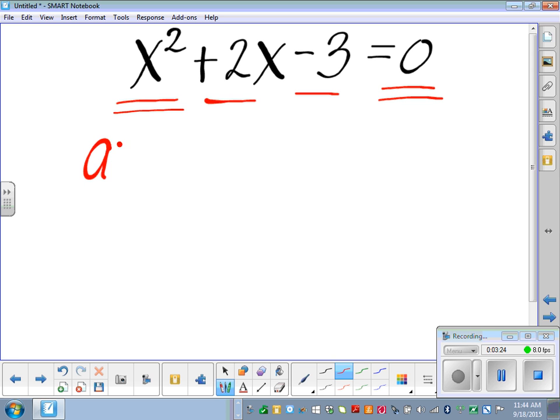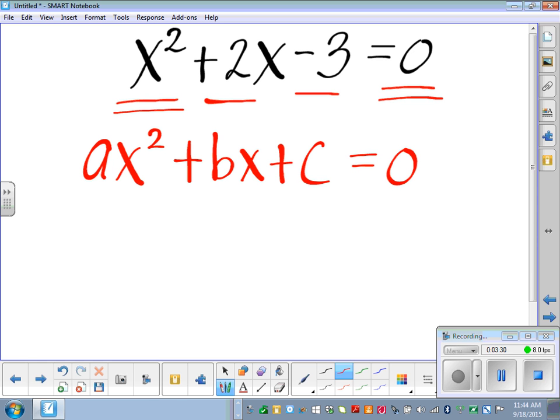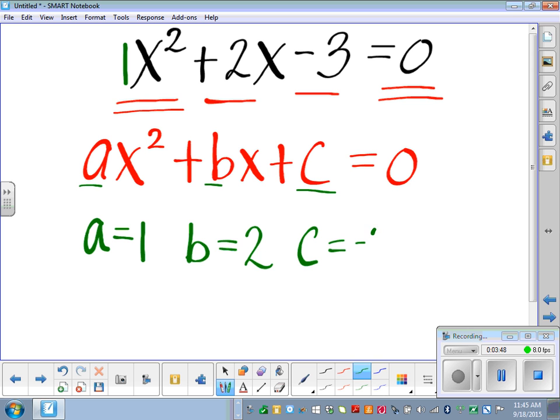So remember, quadratics have the form ax squared plus bx plus c, where a, b, and c are the numbers in front of the variable. So in this, a is equal to 1 because remember 1 is in front of x squared, and then b is equal to 2 because in front of x is 2, and then c is equal to negative 3.